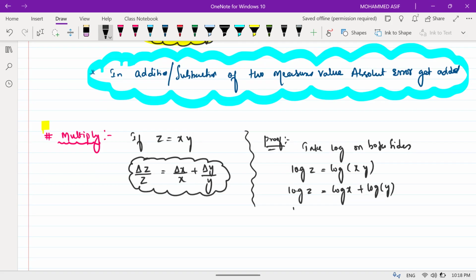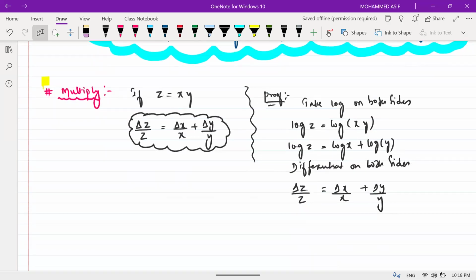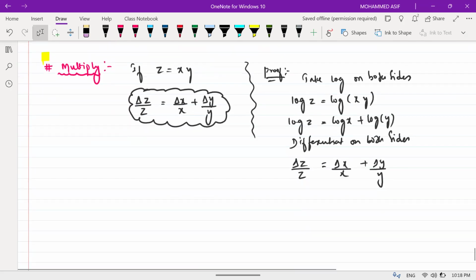Now differentiate on both sides. Then delta z divided by z is equal to delta x divided by x plus delta y divided by y. So just try to remember that, that's more than enough. Percentage error in z means what, beta?